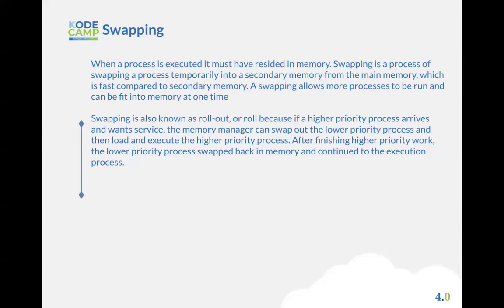So swapping is the process by which the memory can take in a process from secondary memory into primary memory and bring a process from the primary memory into the secondary memory so that it can execute a process with higher priority, or we can switch a process into the wait time while executing another process.